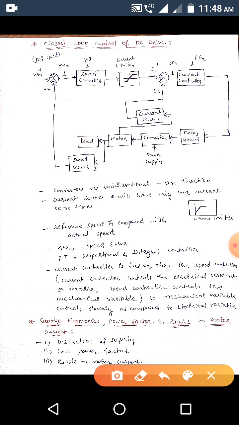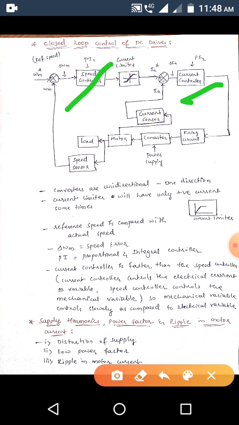Now, this current controller is especially faster than the speed controller. We have used two PI controllers here, and the current controller is faster than the speed controller if you compare both.